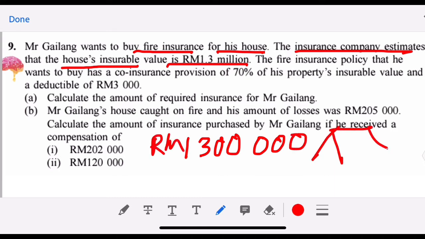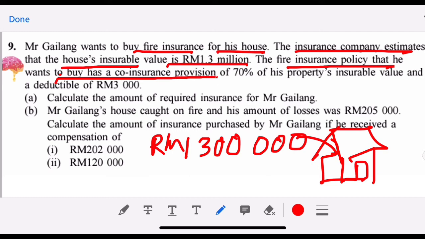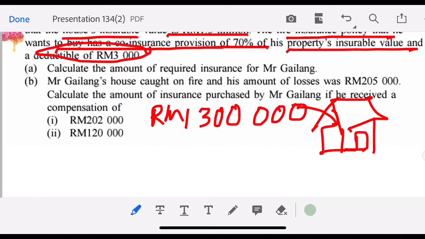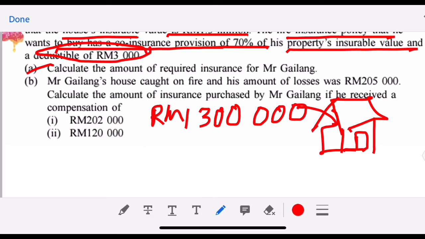Wow, this is a bungalow, right? It costs 1.3 million. The fire insurance policy that he wants to buy has a co-insurance of 70% of his property insurable value and a deductible of 3,000. So calculate the amount of required insurance for Mr. Gailang.